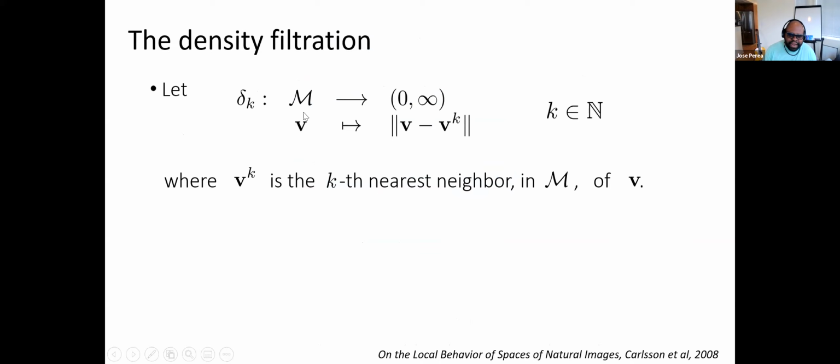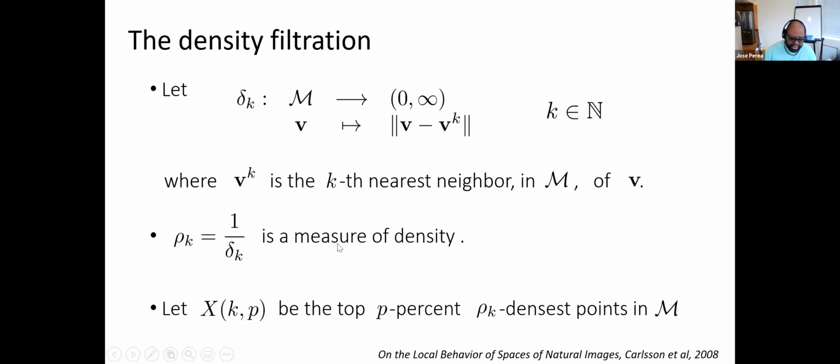For each point in the data, we measure its distance to its nearest neighbor, to its kth nearest neighbor, right? For some k, and this is a parameter of the process that one has to figure out. The thing to notice is that if you take 1 over delta k, again the distance to the kth nearest neighbor, this acts as a measure of density.